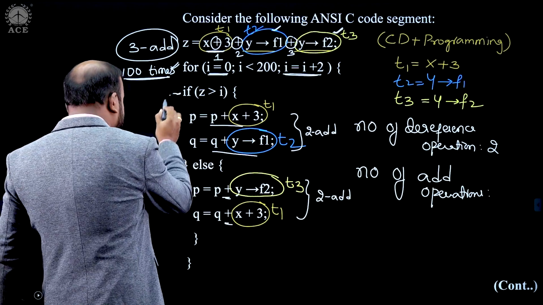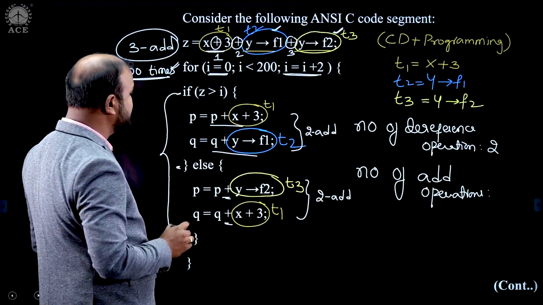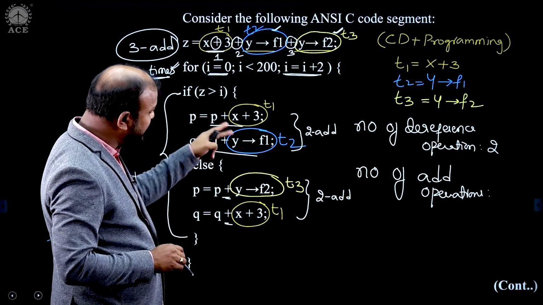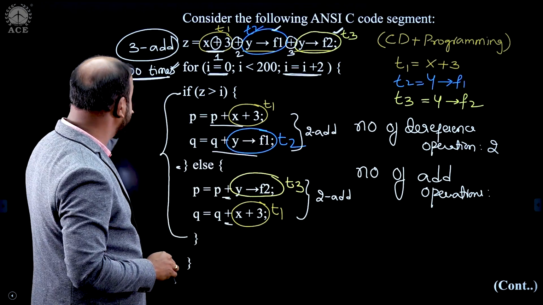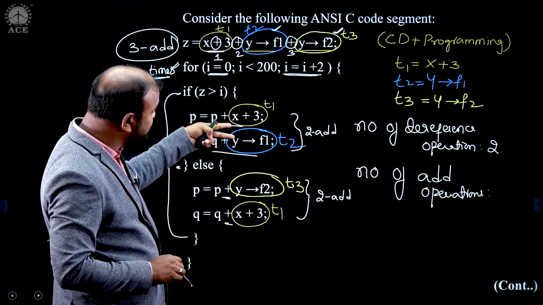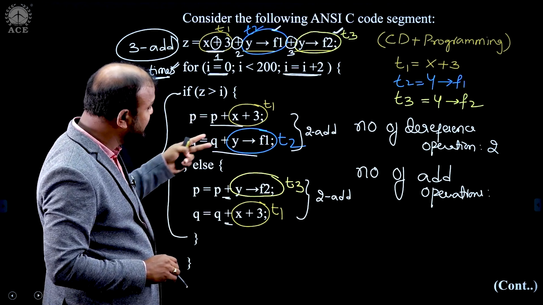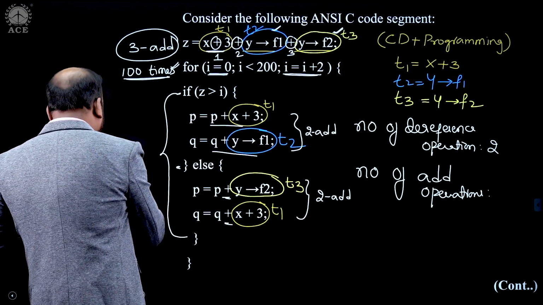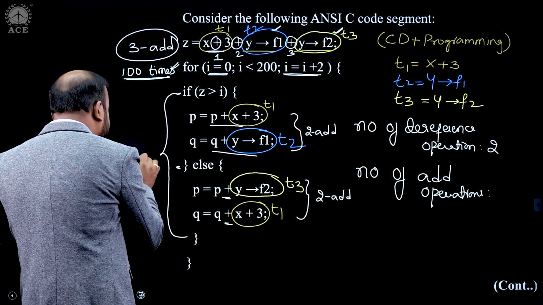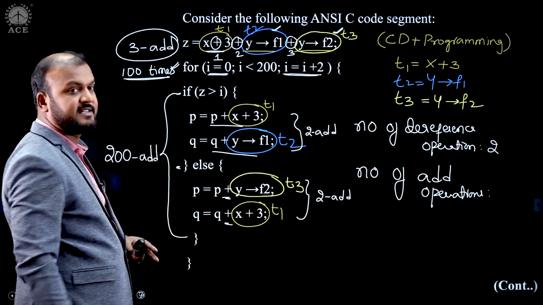In either true part or false part, we have two add operations only. It means 100 times these two add operations, either in the true part or in the false part, are executed. Means 100 into 2, 200 add operations inside the first statement.